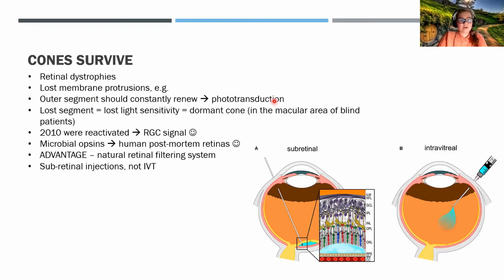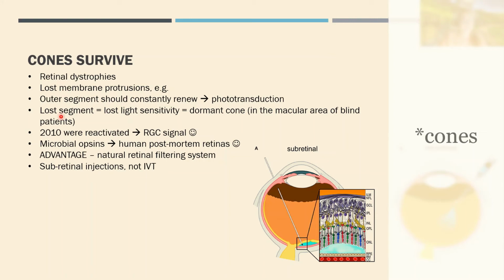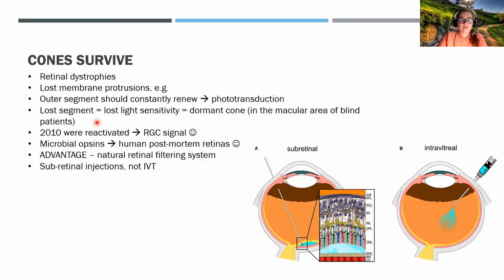So in dystrophies, rods cannot phototransduce signals, and the cones are called dormant. They are not light sensitive. And this is the case in blind patients, exactly in the macula of the eye, as I showed you, near the fovea.